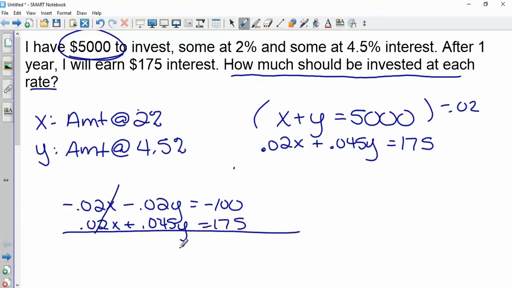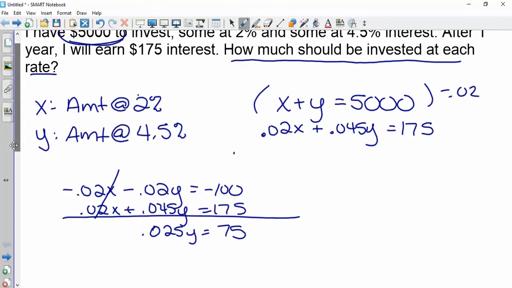So add those together, we get 0.025y equals 75. Divide by 0.025, and what do you get?